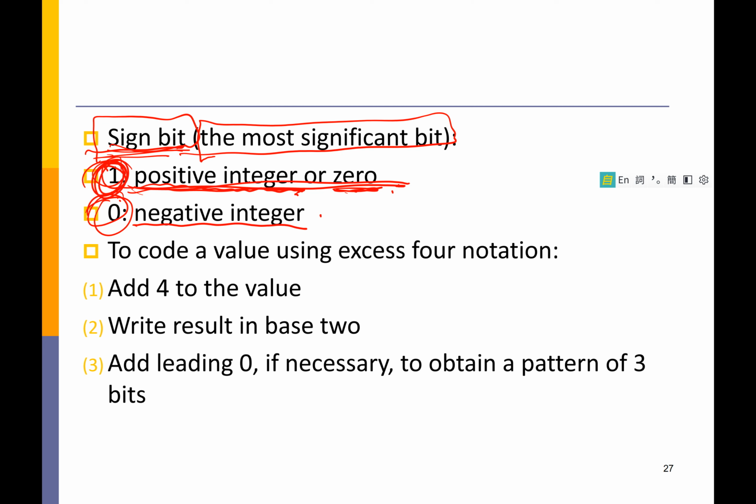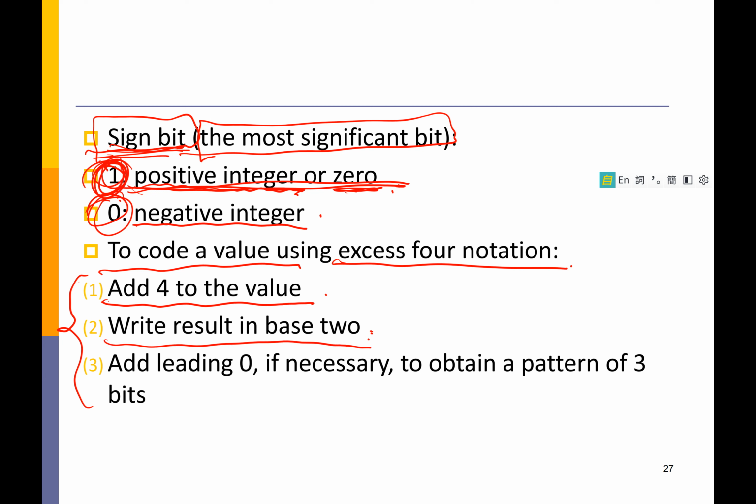To convert a value using SS4 notation, how do you do it? It involves 3 steps. The first step, add 4 to the value. And then write it out in the base 2 system. After step 2, if you get a number with fewer than 3 bits, you add leading 0s, you put 0 in front.